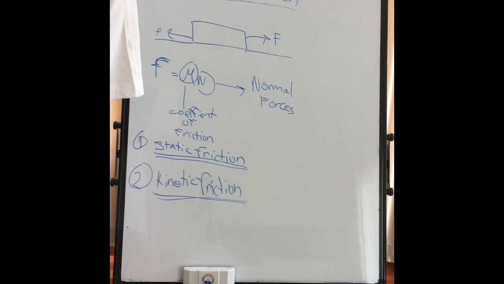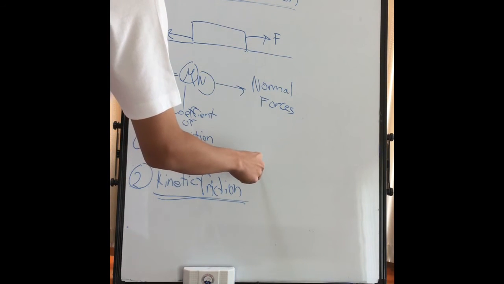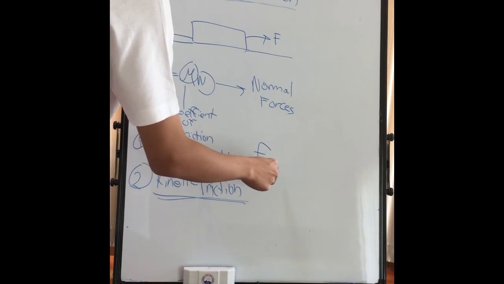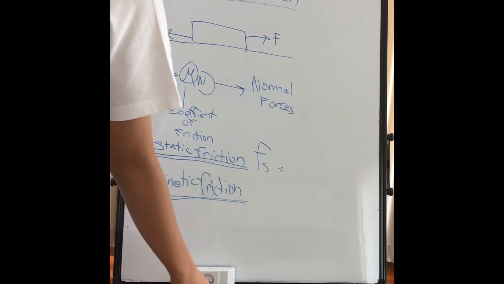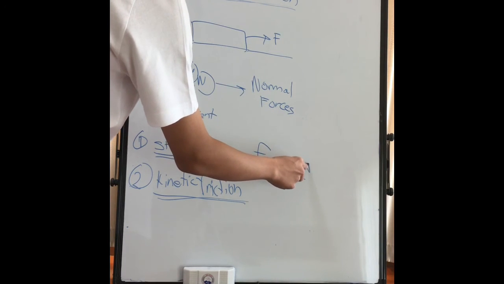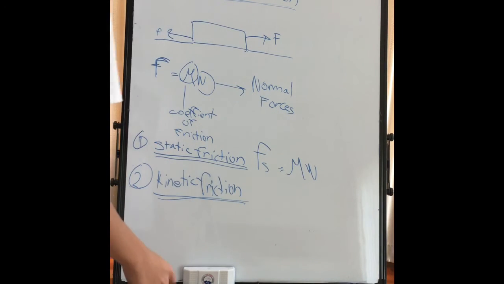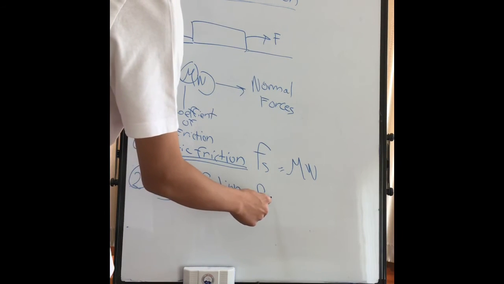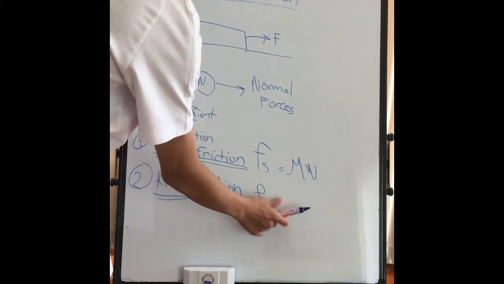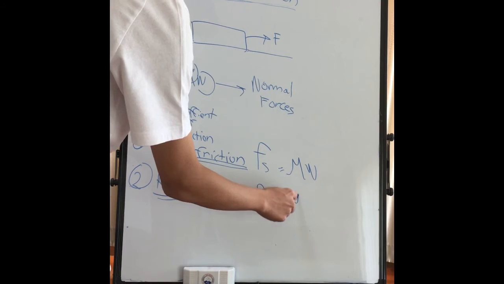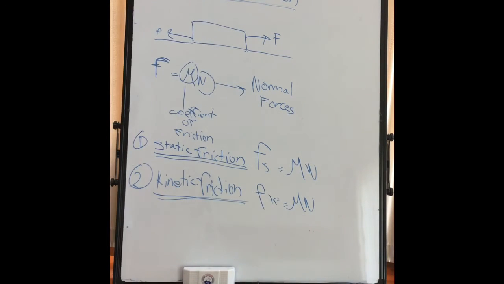So the equations: static friction equals mu n, and kinetic friction equals mu n too.